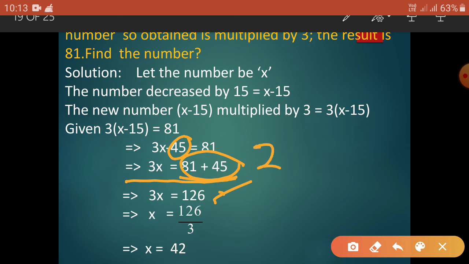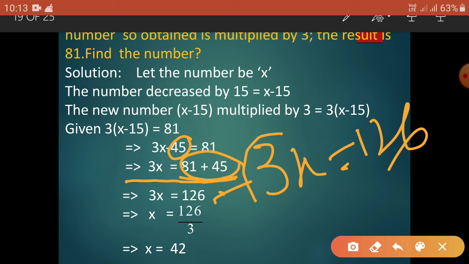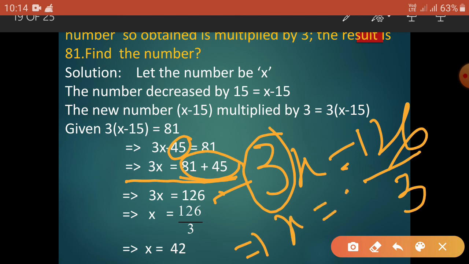Now we have to transpose this value 3. So how can we do that? We have to divide the right hand side by 3. So we are getting x is equal to 42.